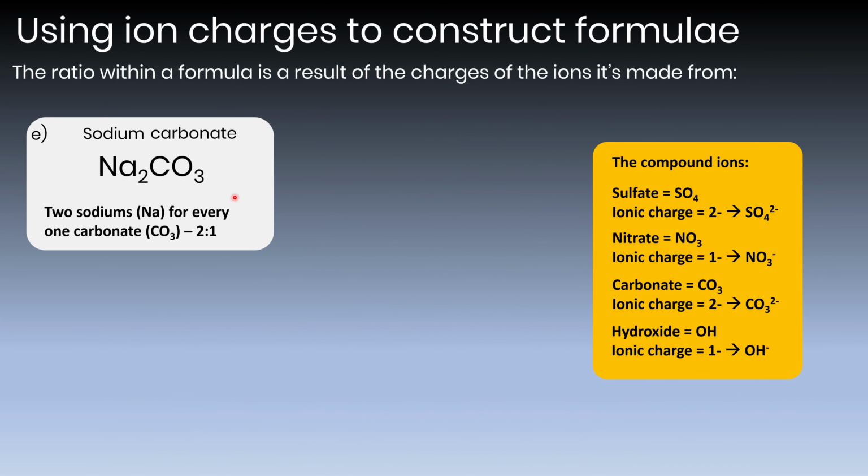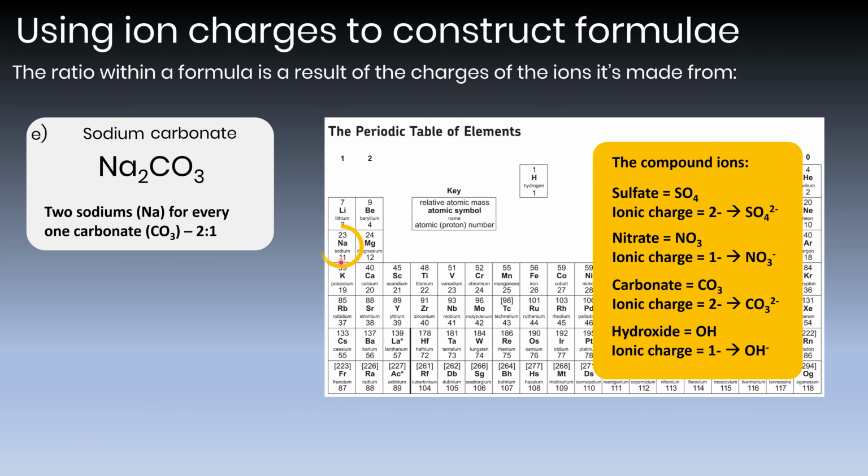Now let's look at sodium carbonate, Na2CO3, which has 2 sodiums for every 1 carbonate. Sodium can be found in group 1 of our periodic table, so it forms Na+. Carbonate is a compound ion, which is 2- in charge overall. So we write CO3 for carbonate with the 2- charge.